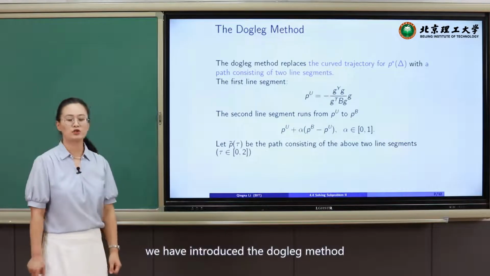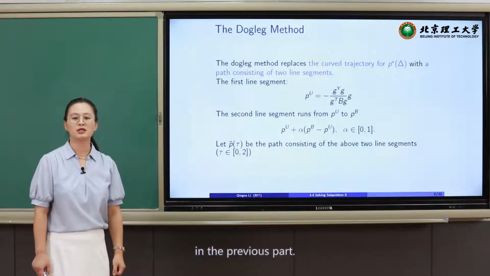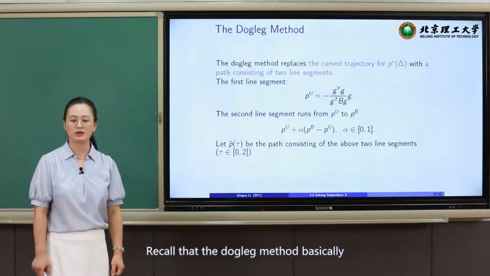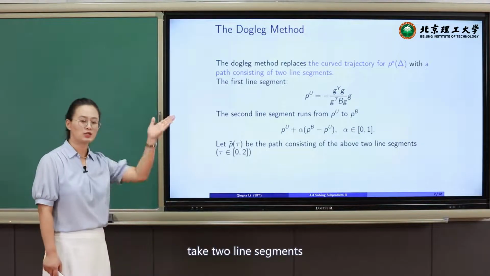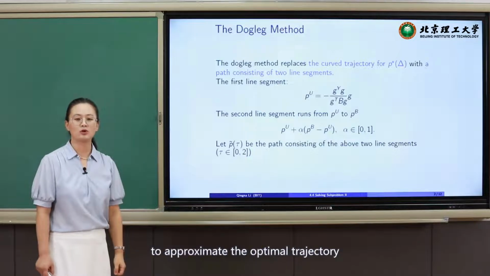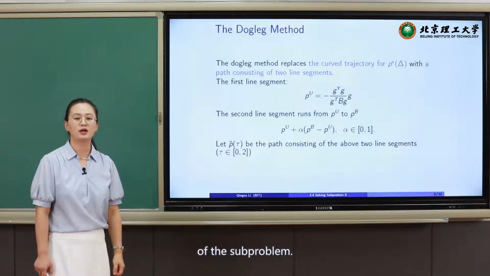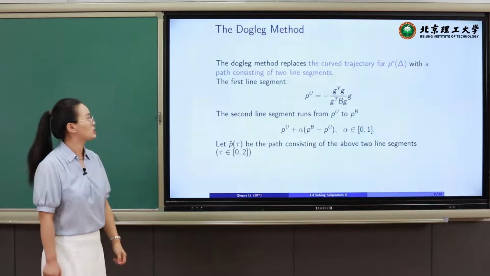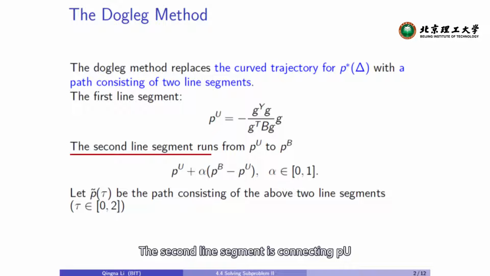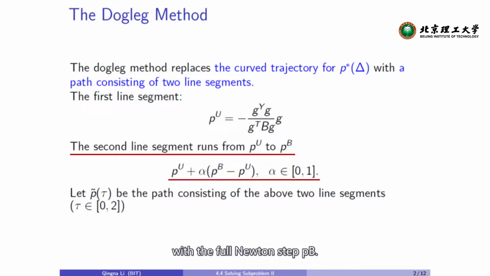Actually, we have introduced the dogleg method in the previous part. Recall that the dogleg method basically takes two line segments to approximate the optimal trajectory of the subproblem. We choose the first line segment as PU, this direction, and the second line segment is connecting PU with the full Newton step PB.